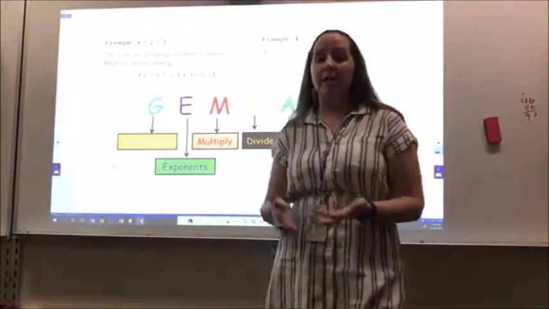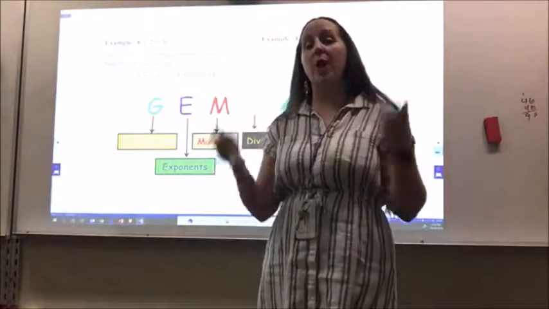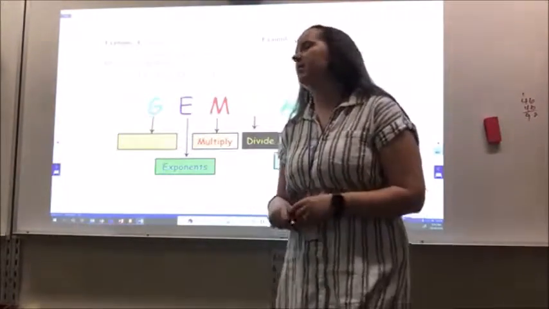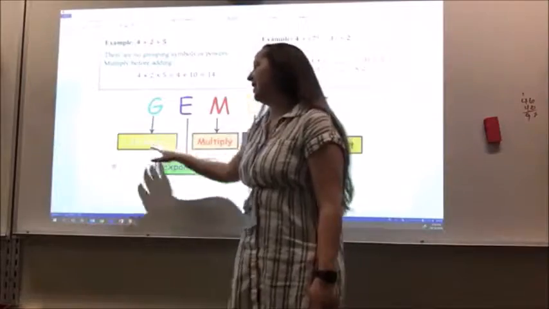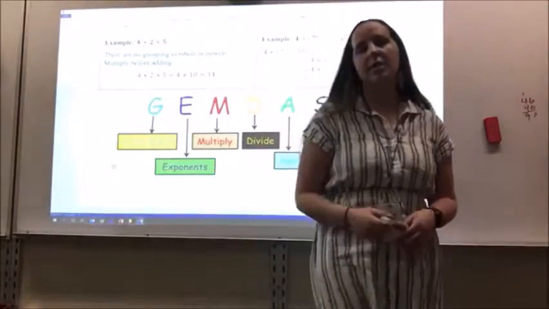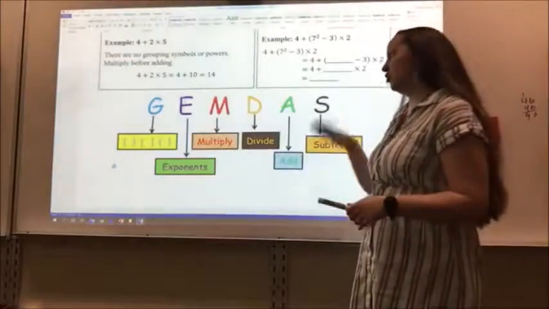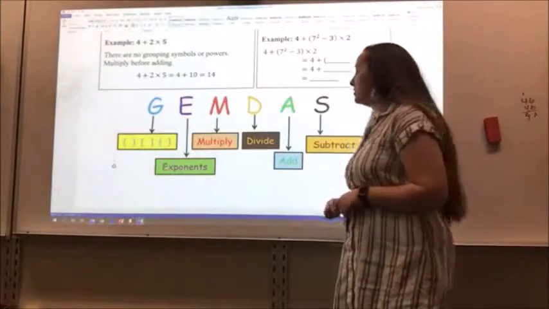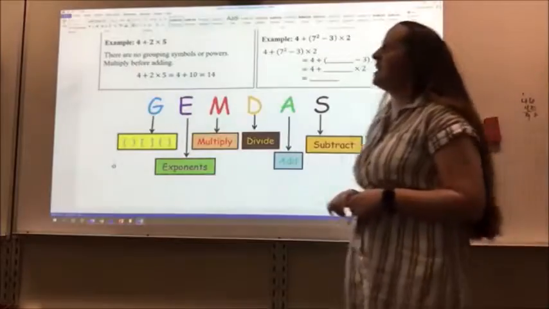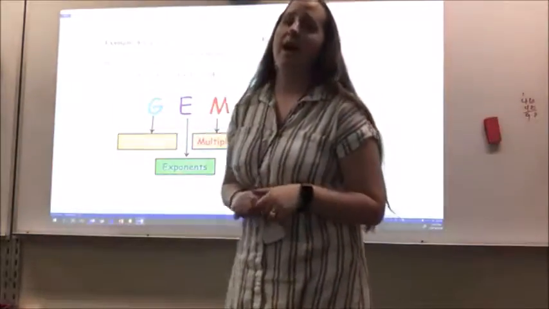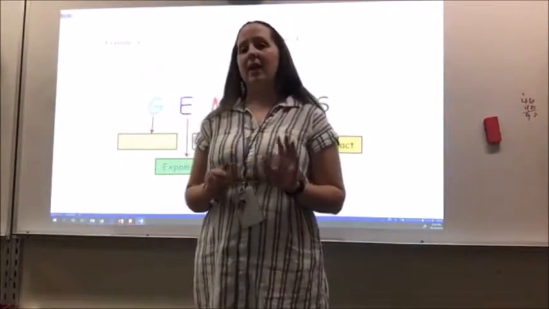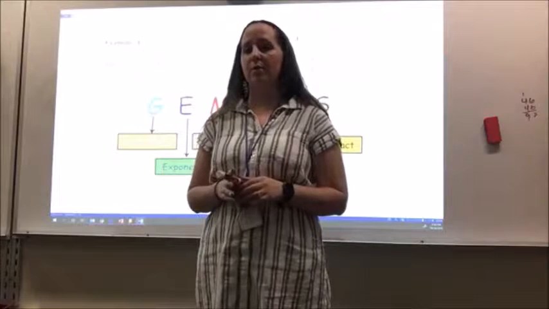They use G for grouping symbols, so if you're dealing with brackets, parentheses, curly brackets, things like that. It just encompasses more options. So you might hear PEMDAS and you also might hear GEMDAS.